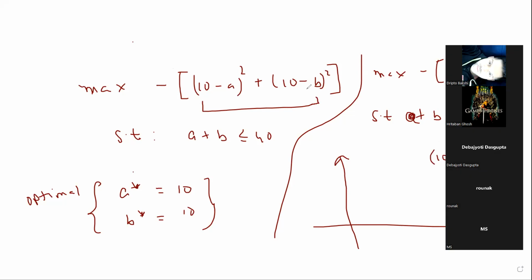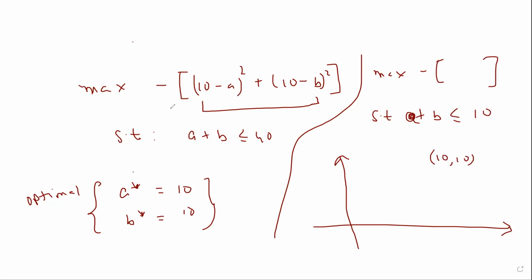If I'm maximizing the negative of that, it simply means I want to minimize this distance from the point 10, 10. Correct? That's my objective: minimize the distance from the point 10, 10.